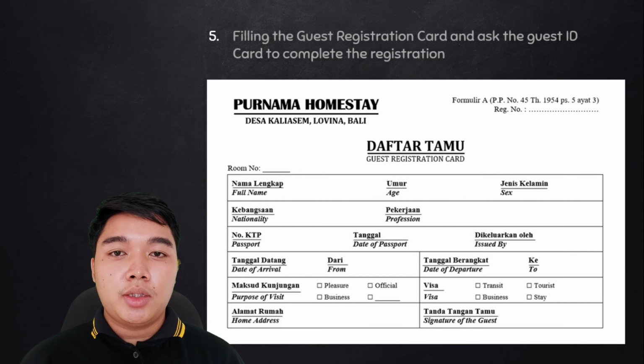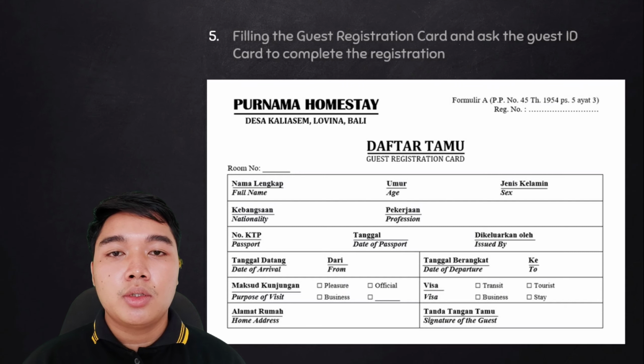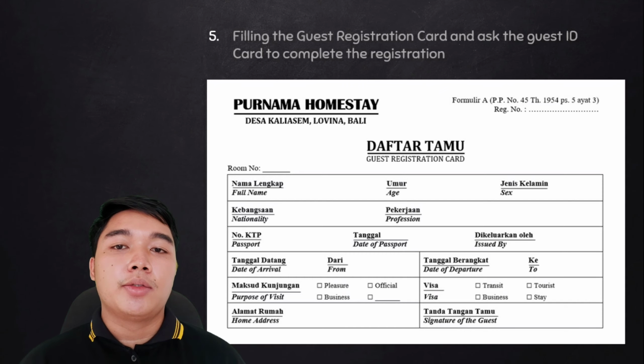and this kind of guest registration card is not the fixed one, so it depends on the hotel. It depends also on the tourism sector in that area.